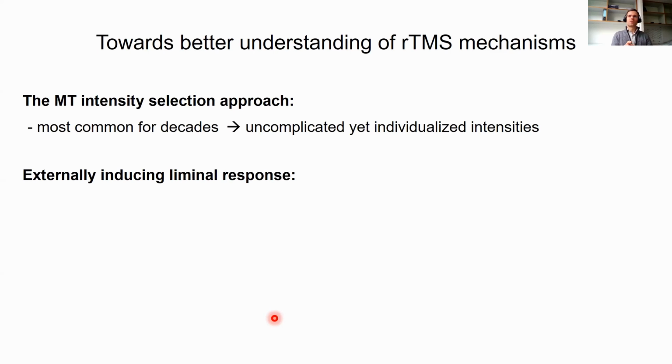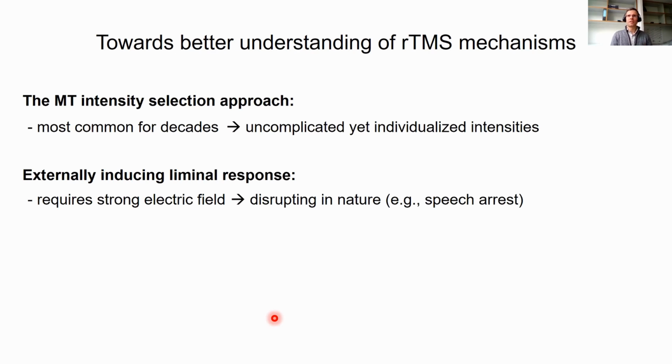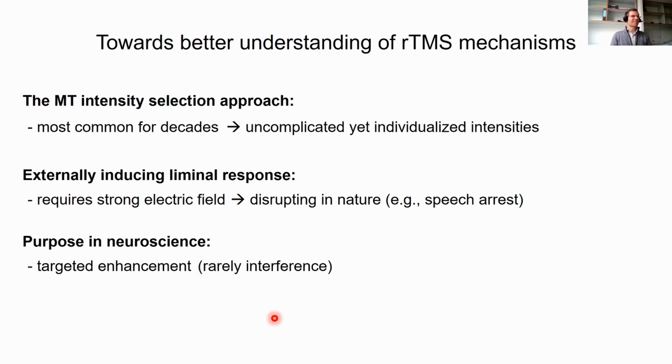But externally inducing muscle twitch or phosphenes requires a strong electric field that might be disruptive in nature. For example, speech arrest, when you are not able to speak because with TMS, with rTMS, you stimulate the Broca area. However, the purpose in neuroscience as well as in treatment is to induce targeted enhancement, rarely interference.